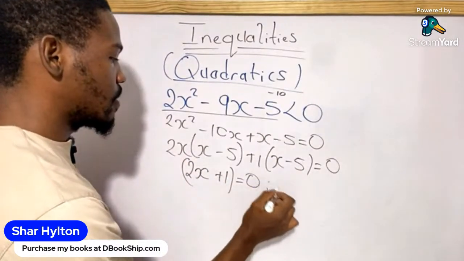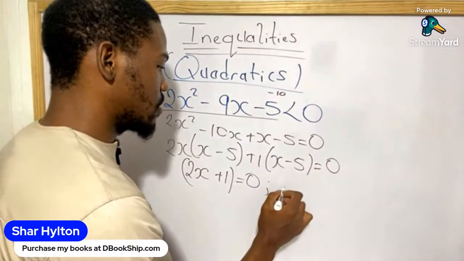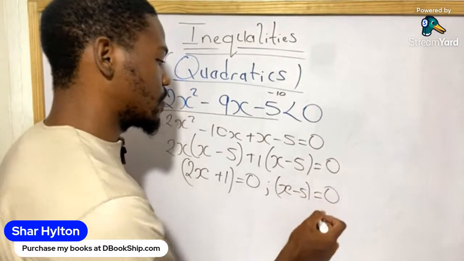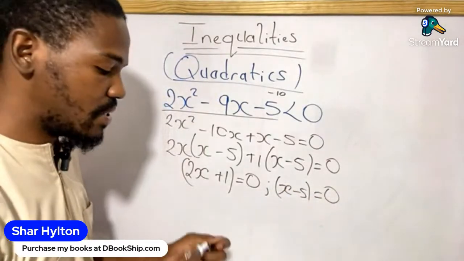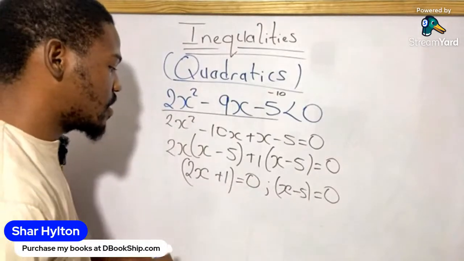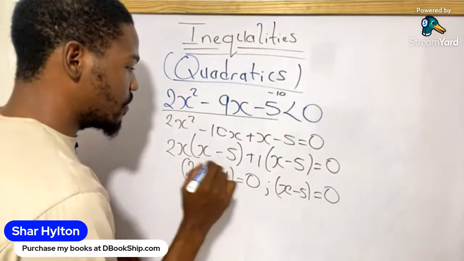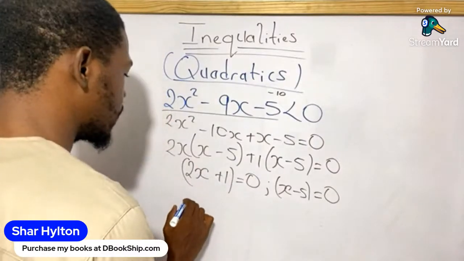This is going to be x minus 5 equals 0. If you want to learn about factorization, please check my other videos where that is explained in depth. But for now, we're really going through inequalities.